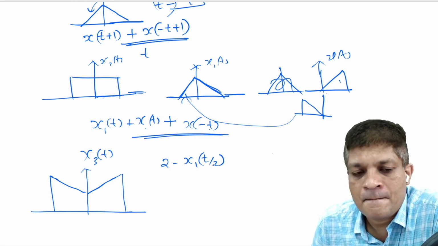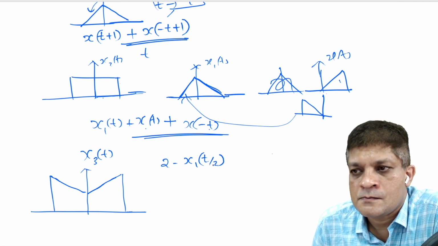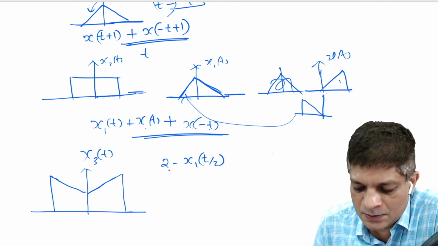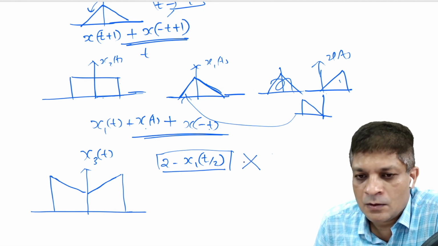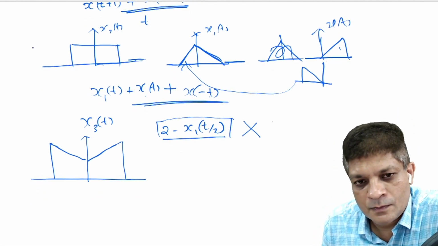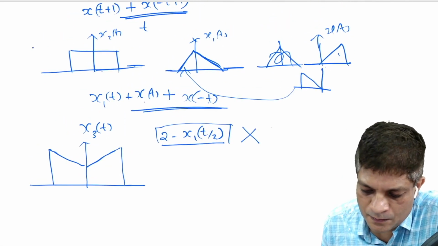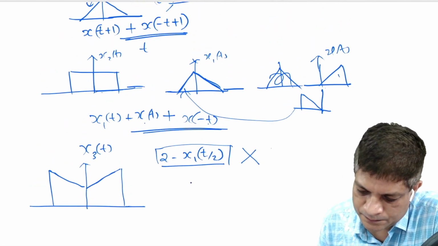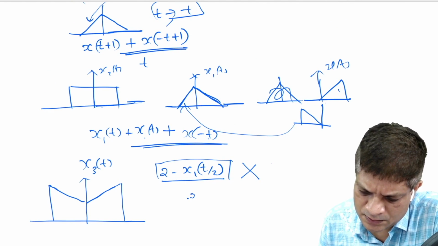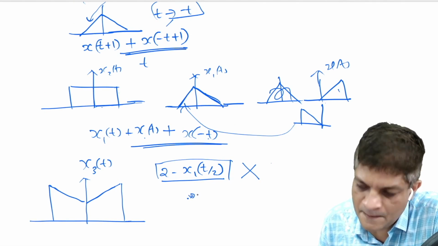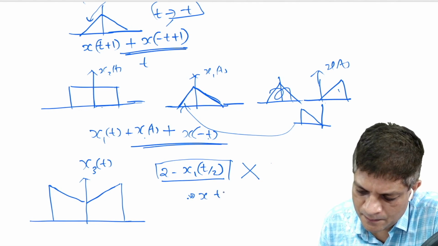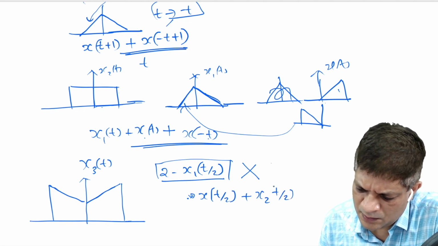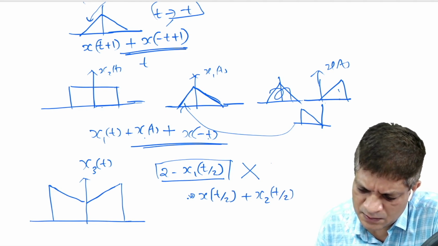Is it correct? Yes, the 2 we can directly put in, if it is allowed. But even if it is allowed, is this correct? This is wrong. Sir, x(t/2) plus x2(t/2). Is x(t/2) only one side?